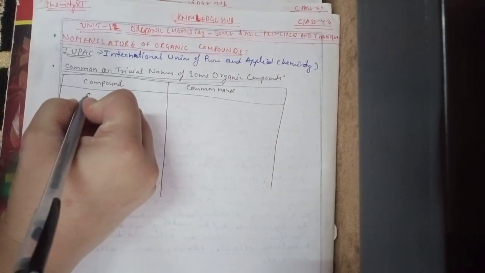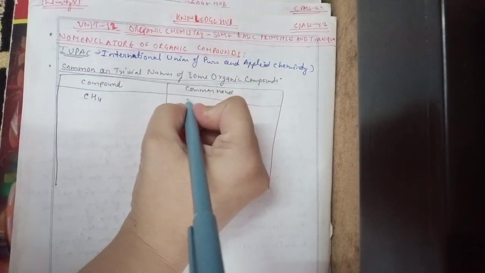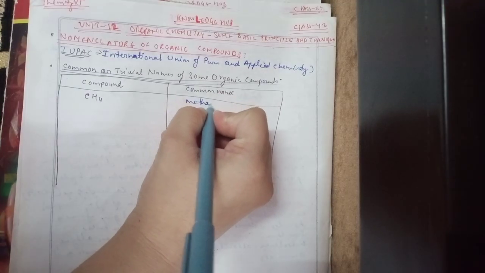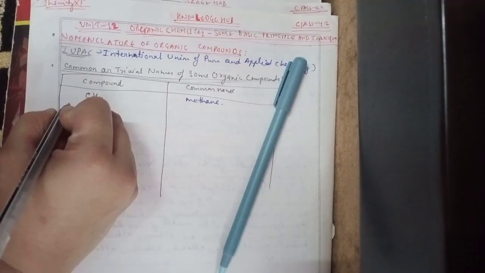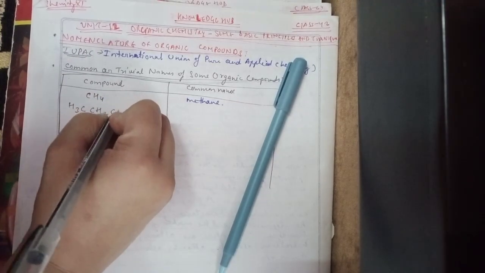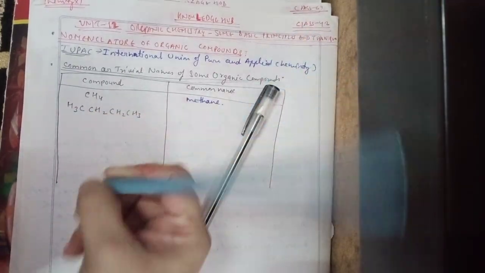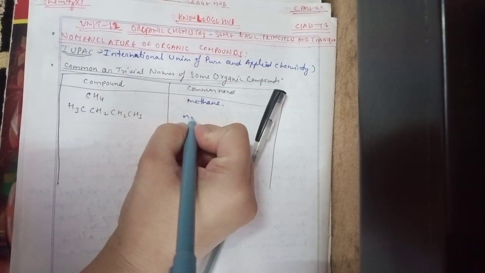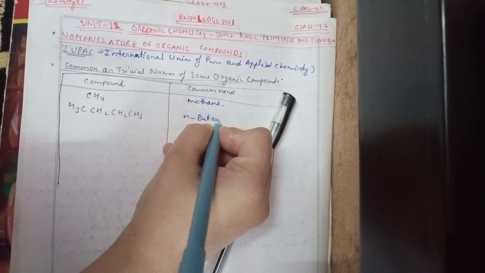So first we have the compound CH4, with the common name that you also know, methane. Now the next compound we have is H3C, CH2, CH2 and CH3. This is the compound whose common name is n-butane.